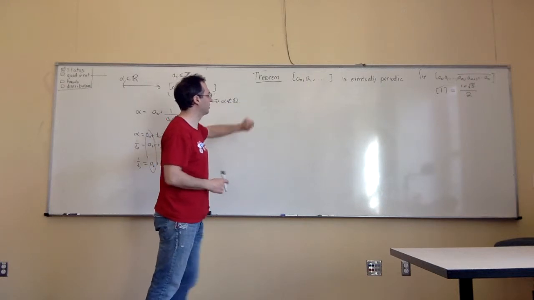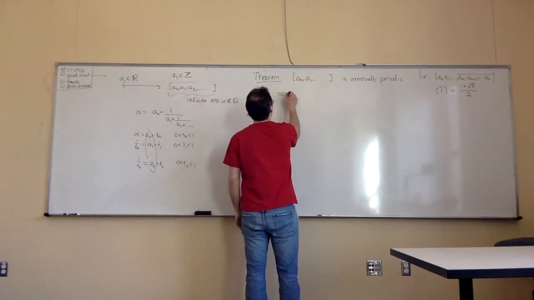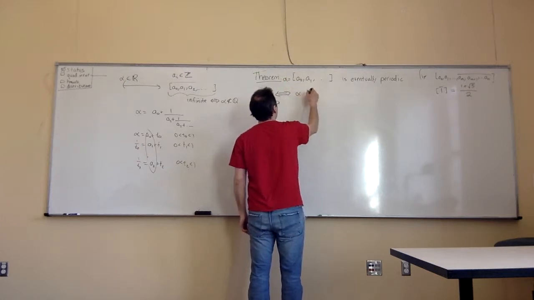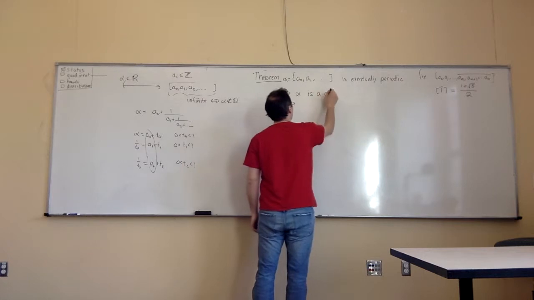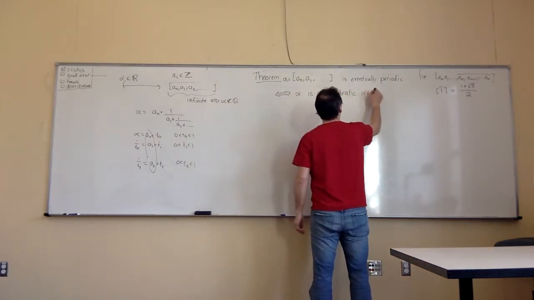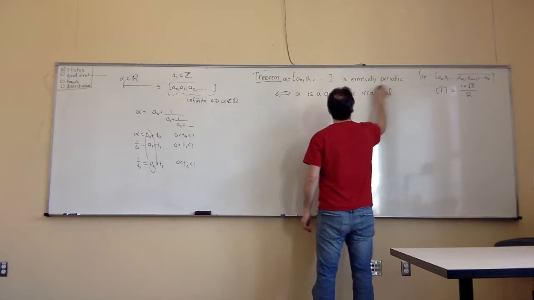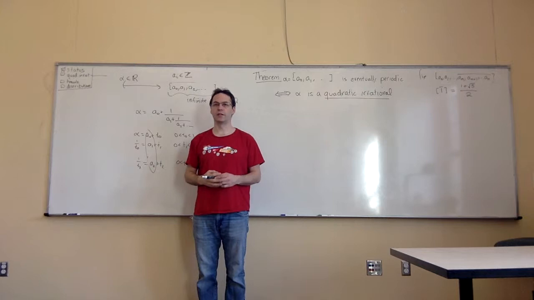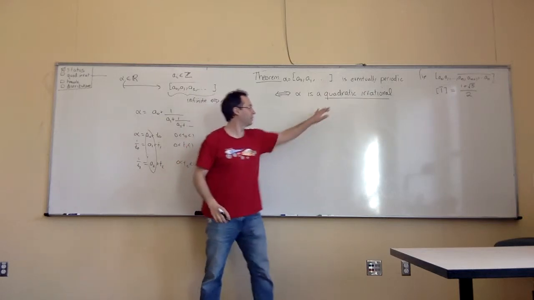So here's the theorem. It's eventually periodic if and only if alpha is a quadratic irrational. That's an old-fashioned sounding adjective, quadratic irrational.